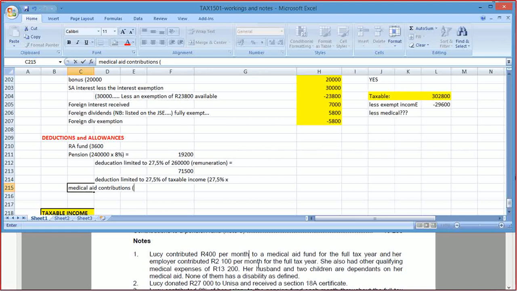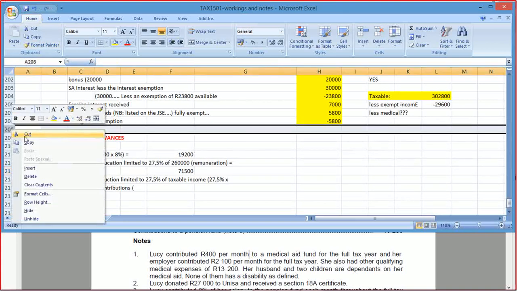Medical aid contributions were 400 rand per month for the full tax year, and her employer contributed 2,100 per month for the full tax year. So Lucy contributed, and so did her employer. If her employer is contributing to a medical aid, what is that viewed as?